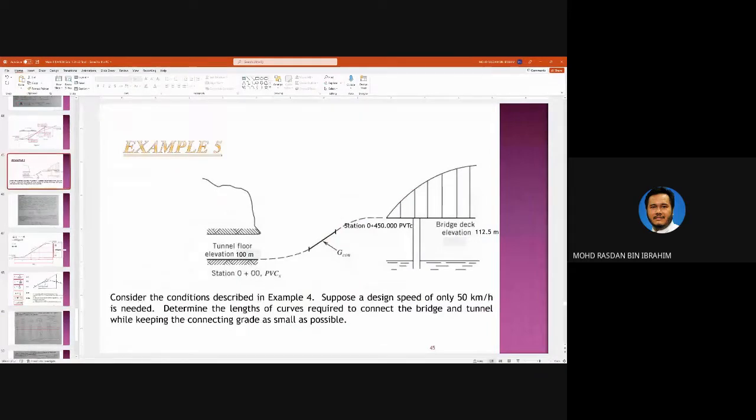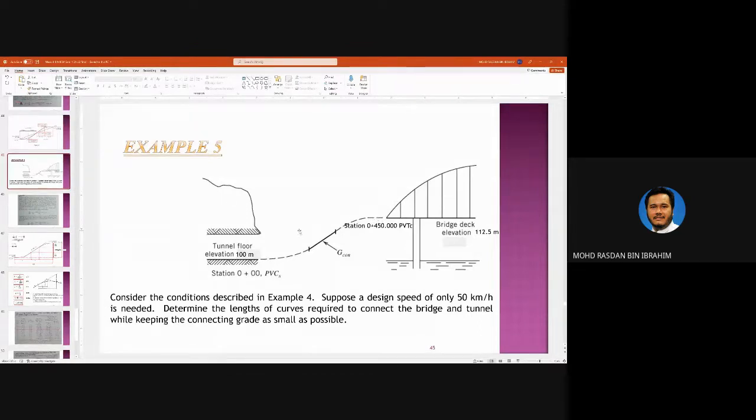Alright. Example 5. Example 5 is the same as example 4 in terms of the problem, but in this problem we want to have a separate space between the sag curve and the crest curve.